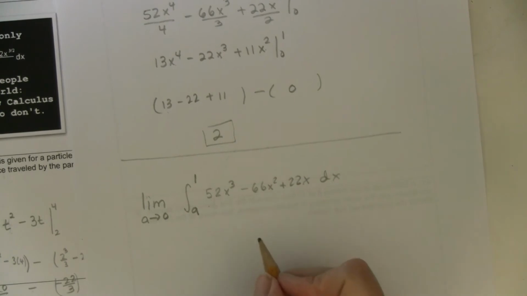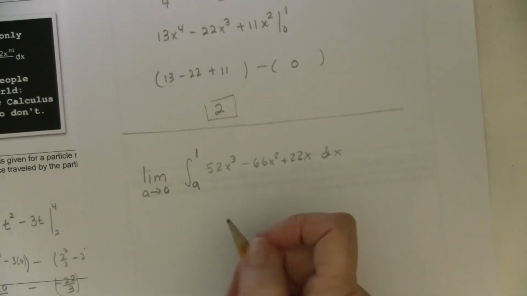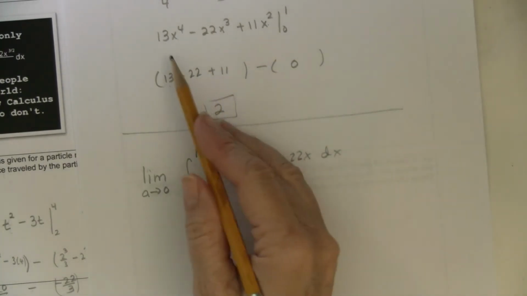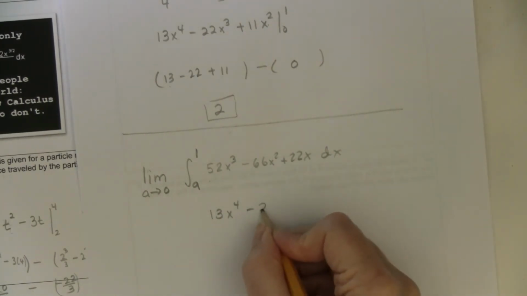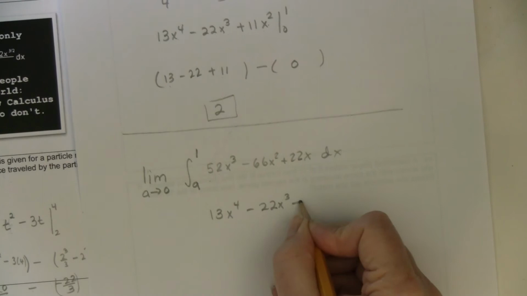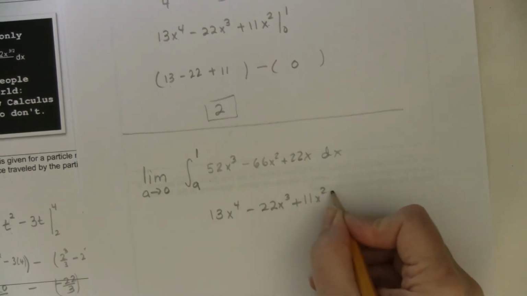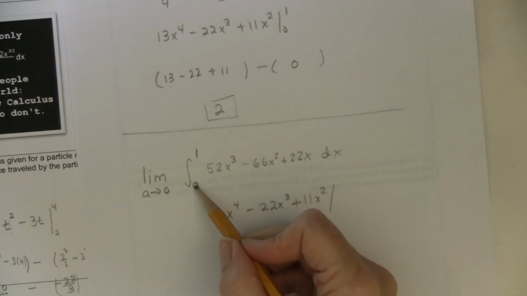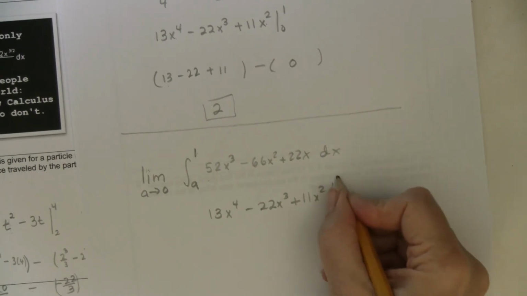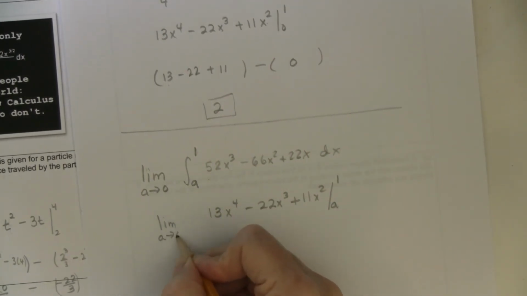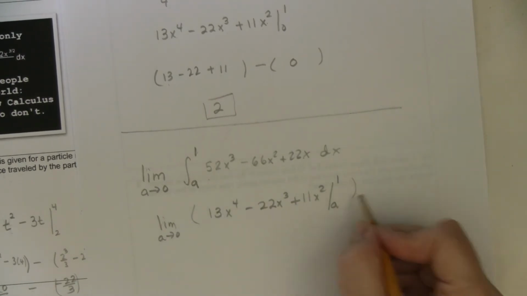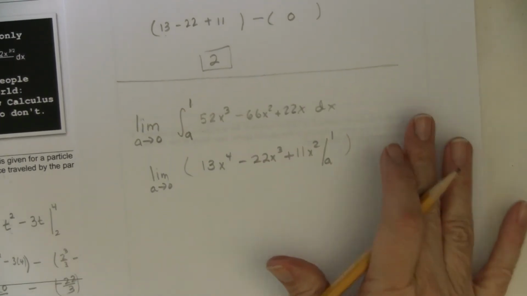And then you'll do your antiderivative, and so you would get 13x to the 4th minus 22x to the 3rd plus 11x to the 2nd, but instead you go from a to 1, and you have this limit as a goes to 0 out here, right?